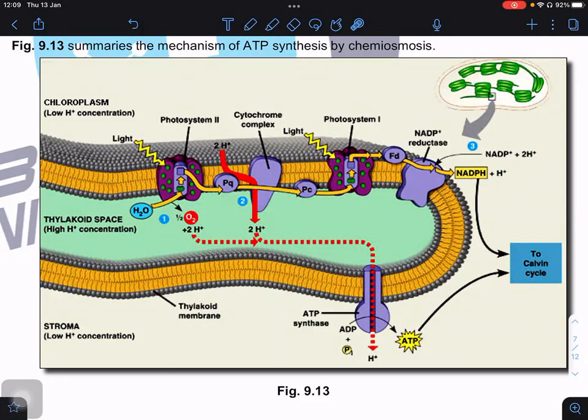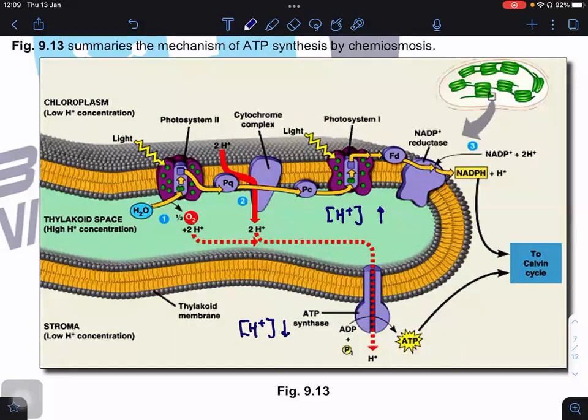This released energy is used to pump protons from the stroma into the thylakoid space. Therefore, it creates a steep proton gradient. The proton concentration inside the thylakoid space is very high, and at the stroma it is low.